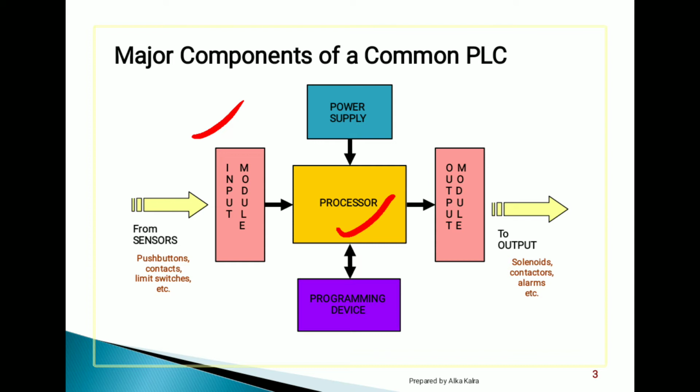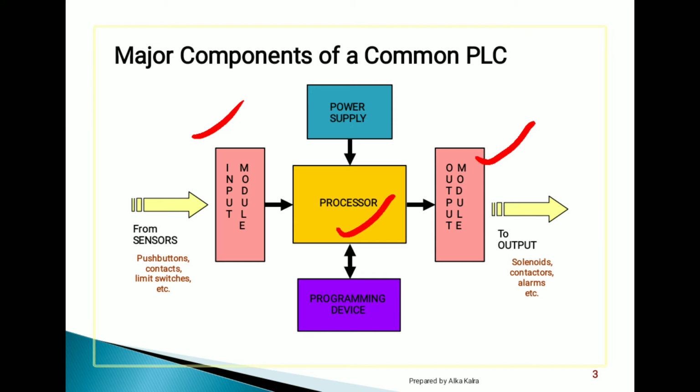So on the output modules, several devices are connected. Suppose you want to control a fan, you want to control a motor, so that will be connected to the output module. So input module takes the information from the sensor. In the processor, the instructions or the program that we write is executed, and according to the program it produces the output.